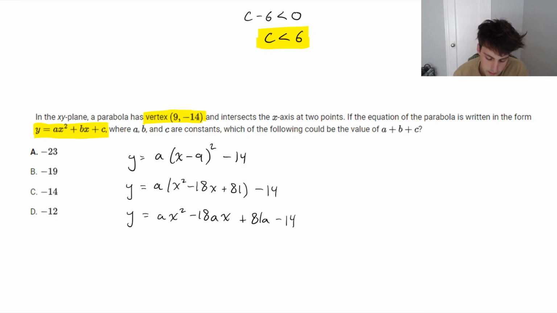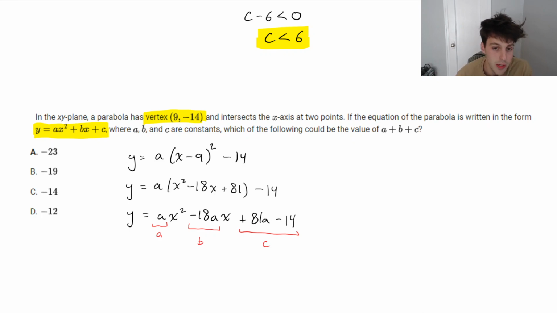And similarly to the last question, we can see what our coefficients for a, b, and c have to take on, right? Because this is going to be our a coefficient, the coefficient attached to our first degree term will be b, and same thing with the constants.